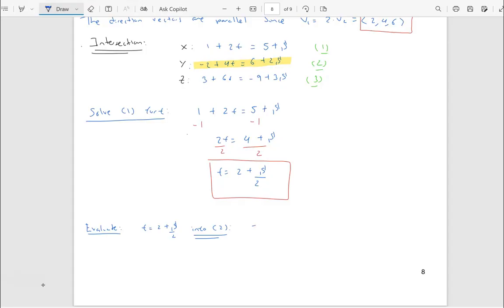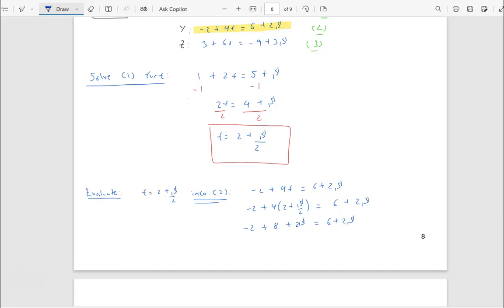Equation 2 says negative 2 plus 4t is equal to 6 plus 2s, or negative 2 plus 4 times 2 plus s divided by 2 is equal to 6 plus 2s, or negative 2 plus 8 plus 2s is equal to 6 plus 2s, or in this case, 6 plus 2s is equal to 6 plus 2s.